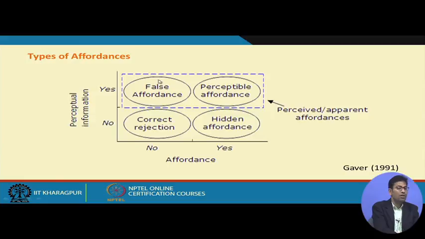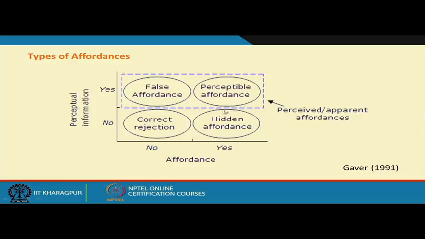It's just a model of a chair, but you are getting some kind of perceptual information, but the affordance is not there to sit on the chair. Maybe the thickness is very thin. Looking at the material, the actual properties, you are not getting an affordance. So this is creating a false affordance. If you rely on that, you will encounter a problem.